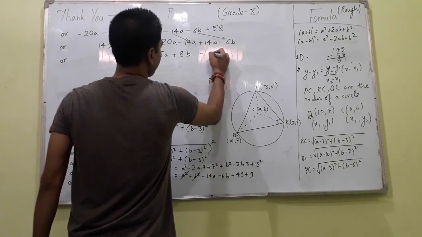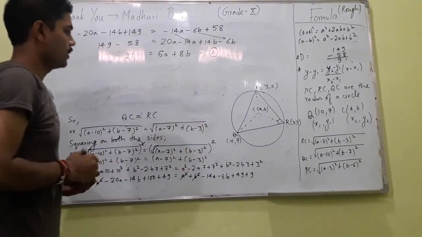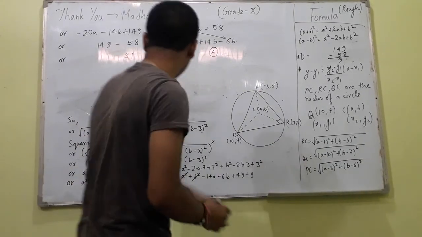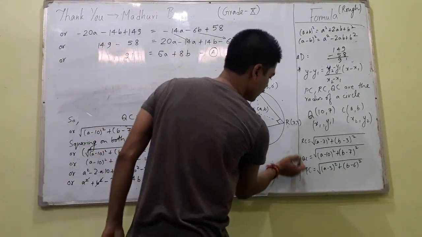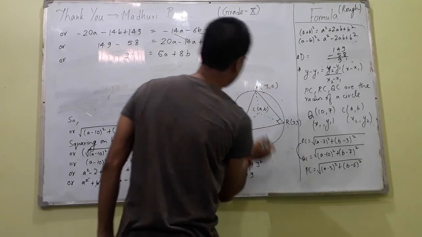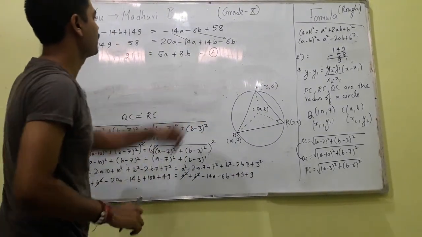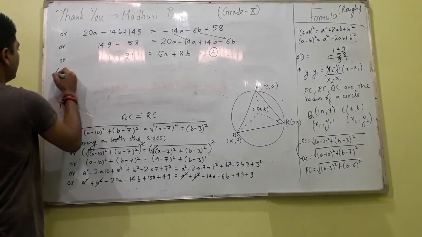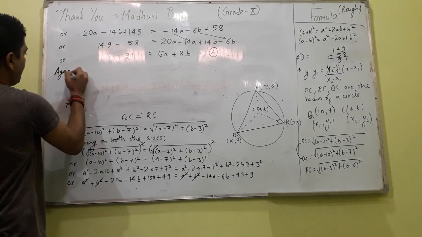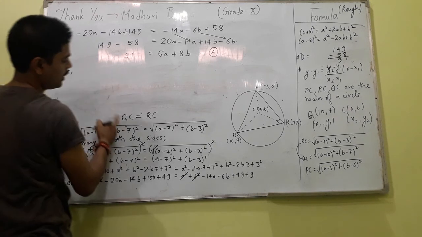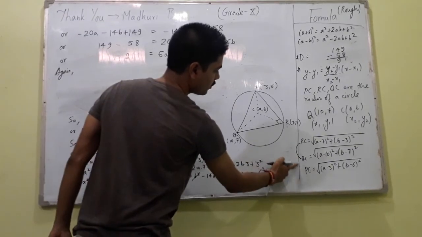Question number 8. There were 3 equations like this. Now after solving these 2 equations, QC and RC, we got another equation in a linear form, that is A. Again, now after QC and RC, we can do QC and PC.